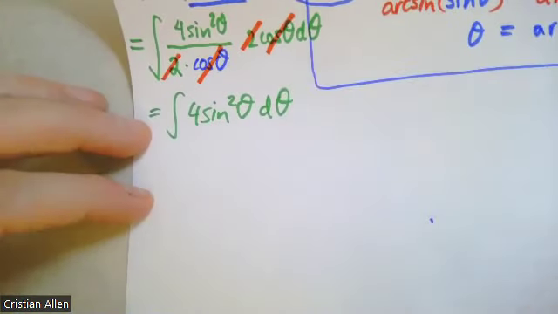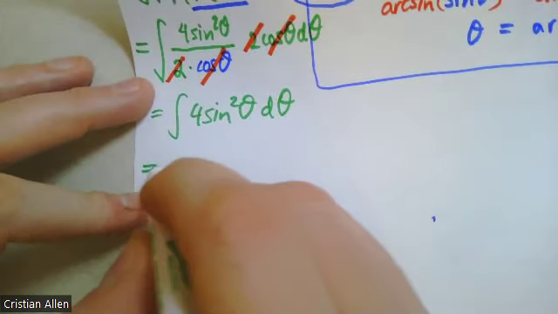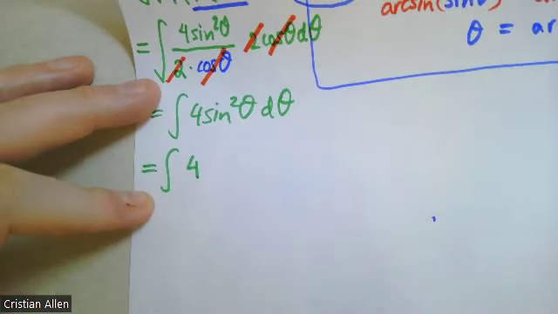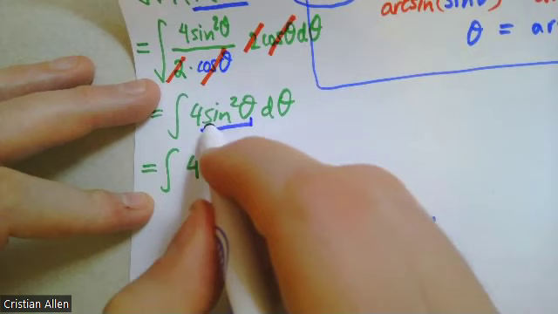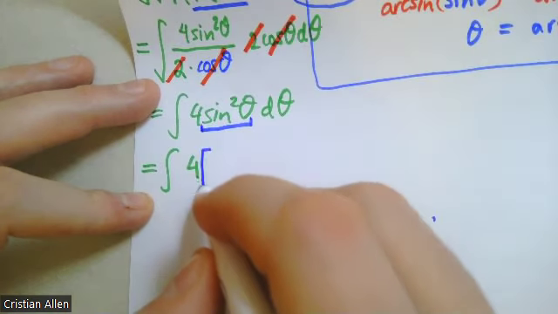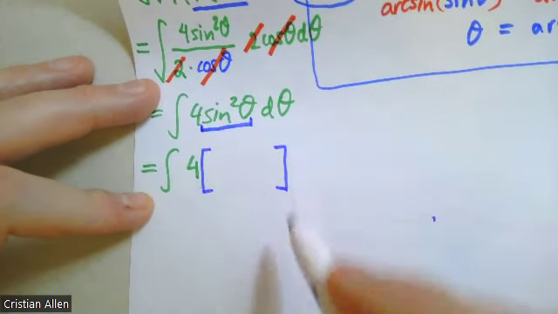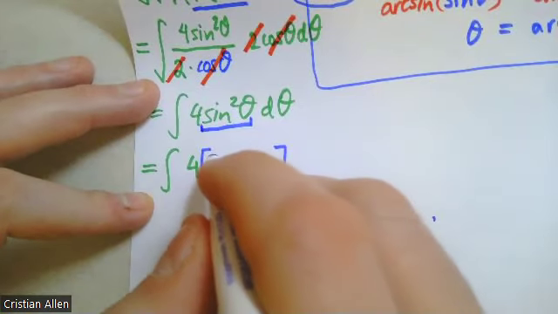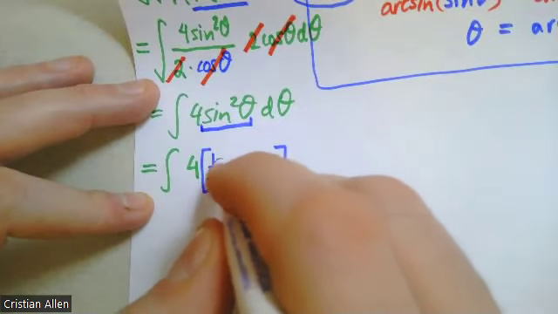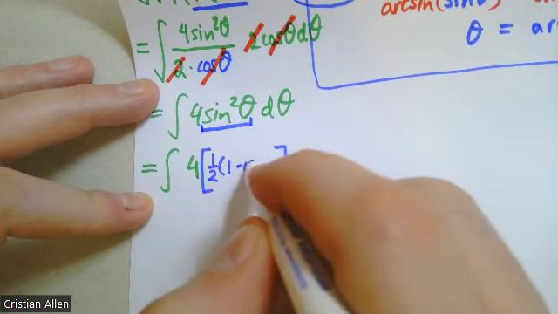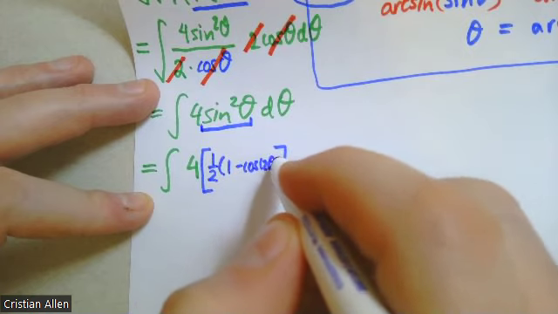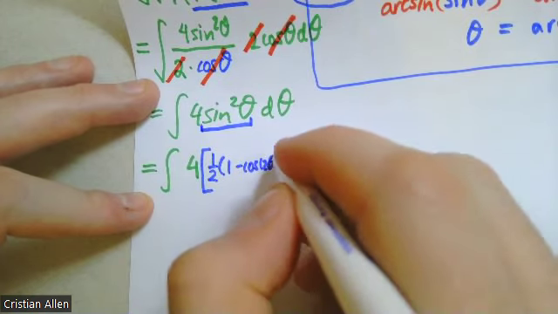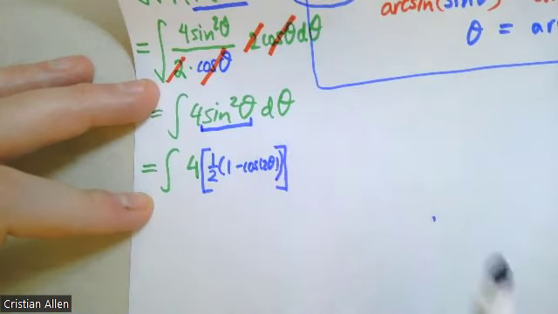Okay. Next, whenever you have a sine squared theta, like this piece right here, we're going to replace that using another trig identity called a power reduction formula. And this is something that all of my students have been prepped to understand.